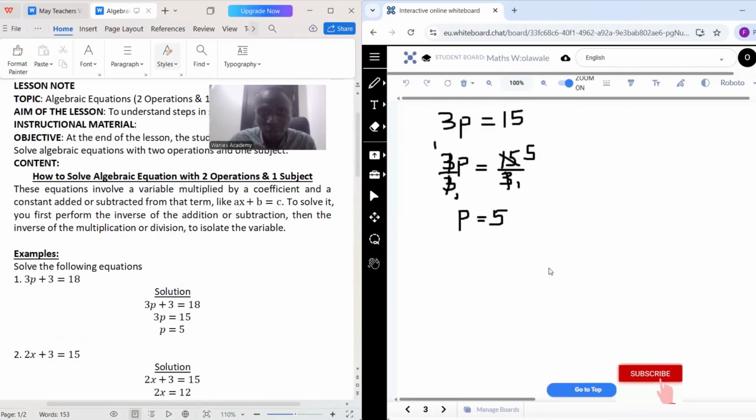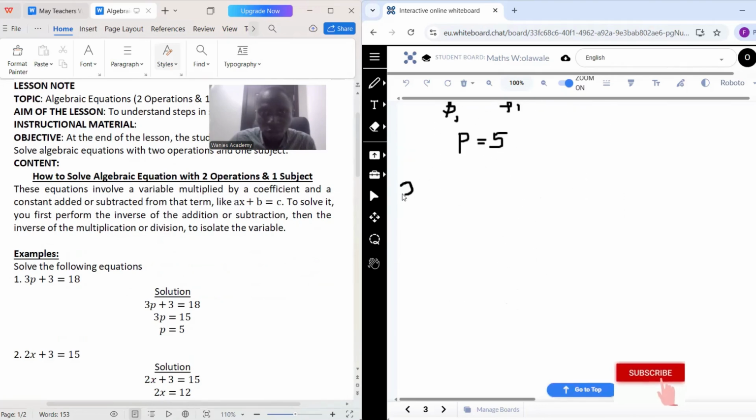Let's go to the second example. Example 2. Here we have to solve the equation 2x + 3 = 15. The inverse of plus that we have there on the left hand side of the equation is subtraction. Then what we want to do here is to subtract 3 from both sides of the equation.